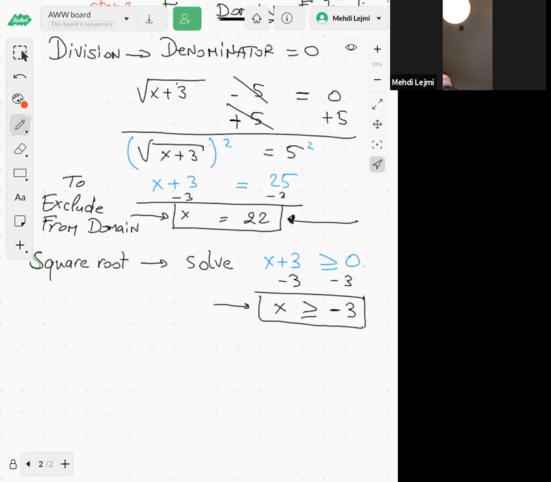So on your number line, this is negative 3, this is 22. Then x is larger or equal to negative 3, so that would be this thing here. But then we said we have to exclude the 22, right? So we exclude the 22.